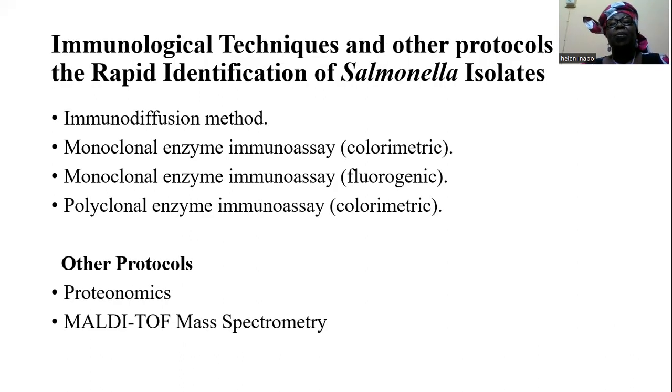Immunological techniques and other protocols for the rapid identification of Salmonella isolates include the immunodiffusion method, monoclonal enzyme immunoassay, both colorimetric and fluorogenic methods, and polyclonal enzyme immunoassay. Other protocols include proteomics and matrix-assisted laser desorption ionization time of flight mass spectrometry.